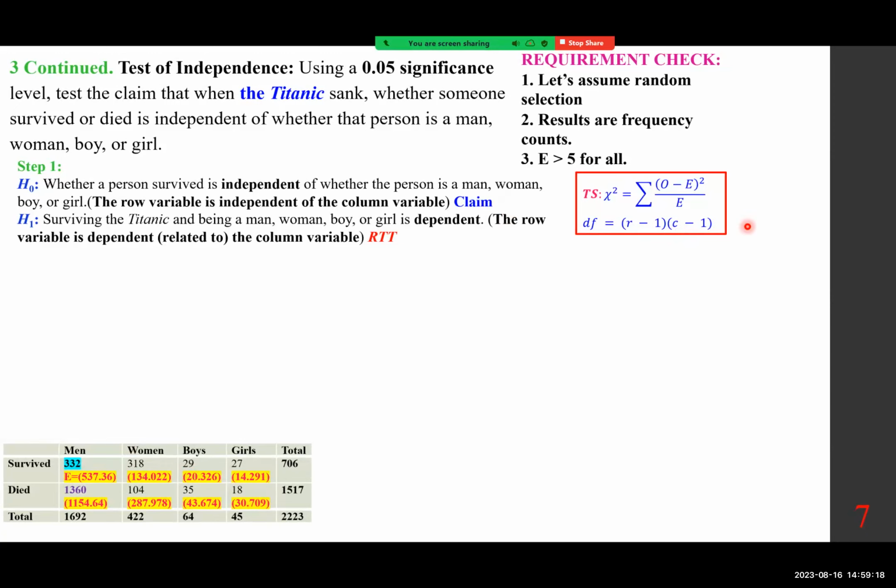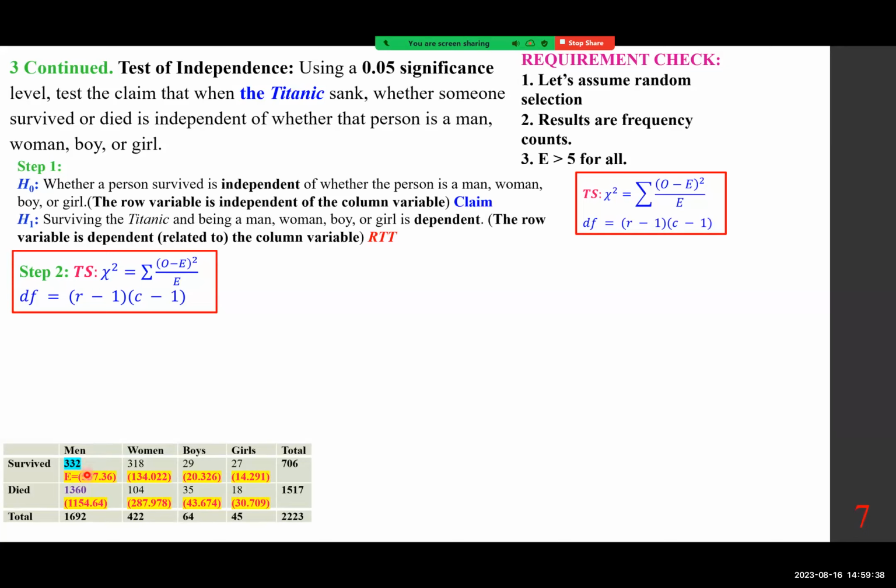The second step is to calculate the test statistic: (O minus E) squared over E. So for example, for the first one, 332 minus 537.36, squared and divided by the expected value.